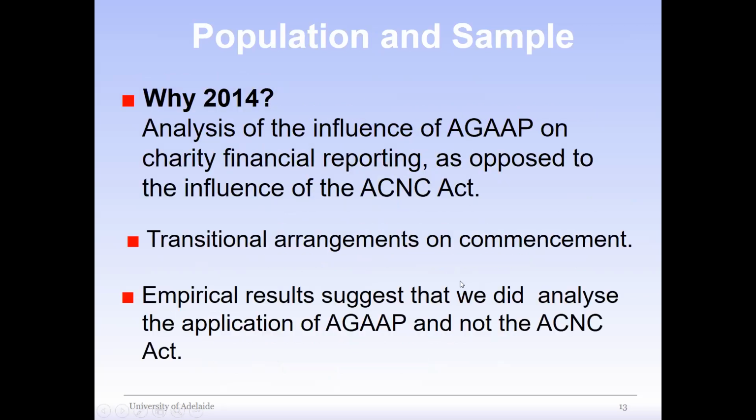Now, a very important question: why 2014? The reason is that I wanted to look at the influence of AGAP, that is, the Australian Generally Accepted Accounting Principles on Charity Financial Reporting, not the influence of the ACNC Act. There were transitional arrangements in place for the first few years. The ACNC came in at the end of 2012, and it allowed a few years for charities to report as they had done to their state or territory regulator. That was really important because we really wanted to see what the influence of AGAP is.